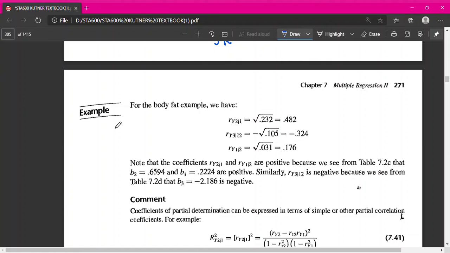So kat sini positif, macam mana you nak tahu ianya positif ataupun tidak? You can tengok dia punya coefficient. Okay, you can see the table 7.2, see on page 258. Okay, 7.2c, which is when we regress y on x1 dan x2. Sebab kat sini kan dia involve x1 dan x2. So you boleh tengok coefficient untuk 7.2C.